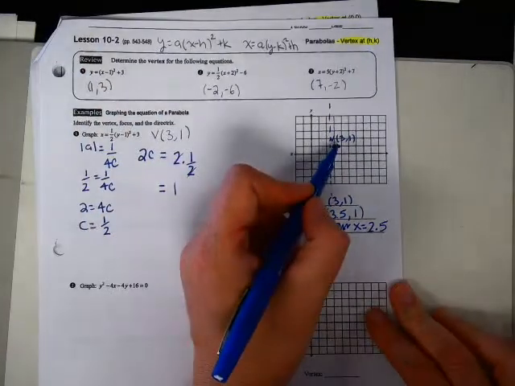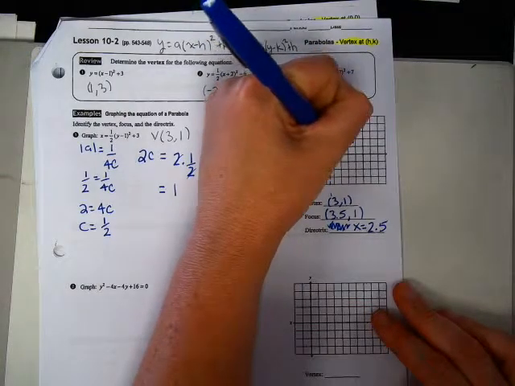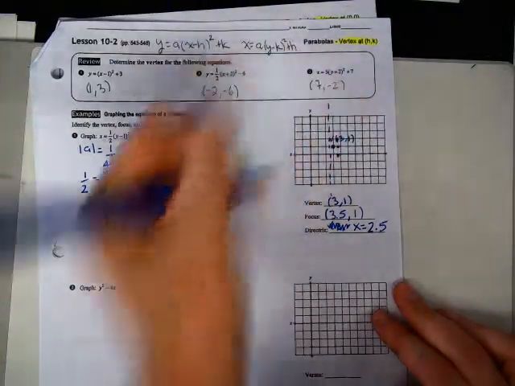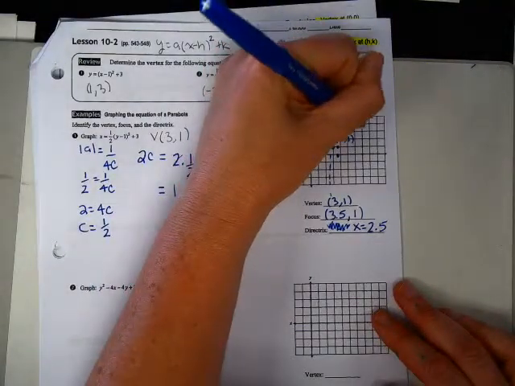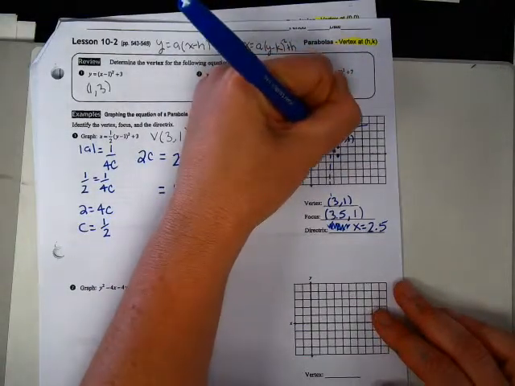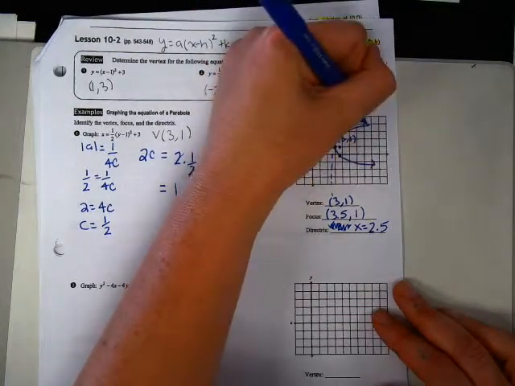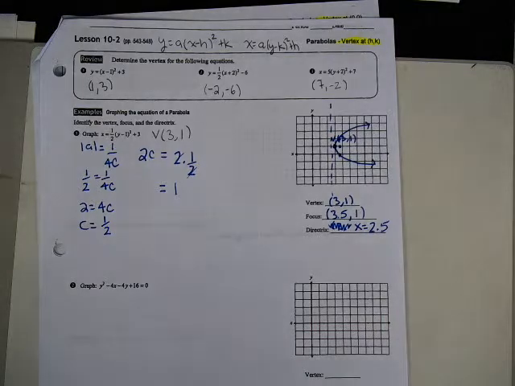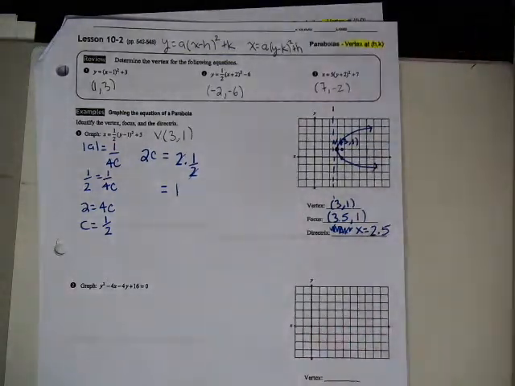So I'm going to go to my focus, and I'm going to go 1 unit up, 1 unit down, and sketch my parabola. Okay, so that's the general procedure we're going to follow for these.